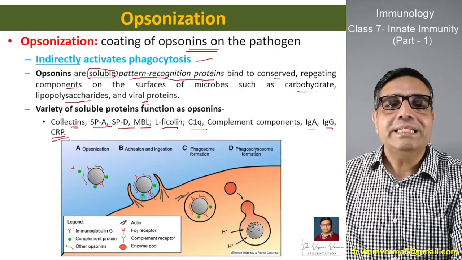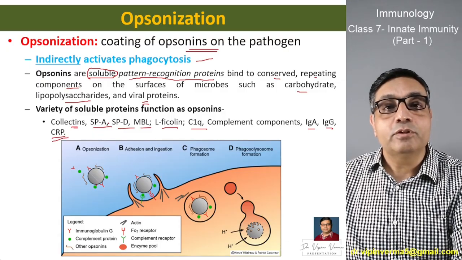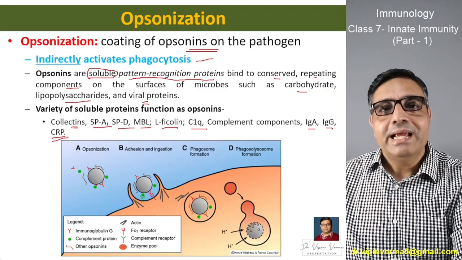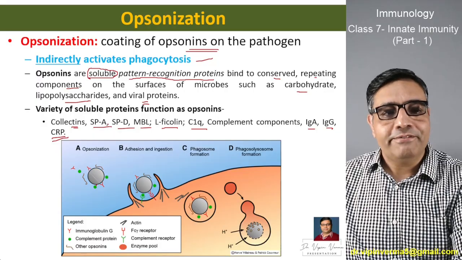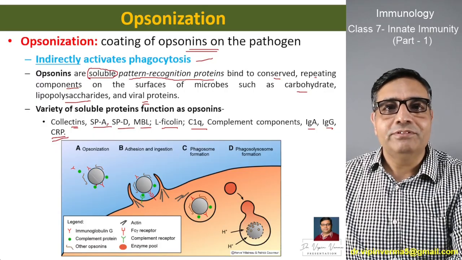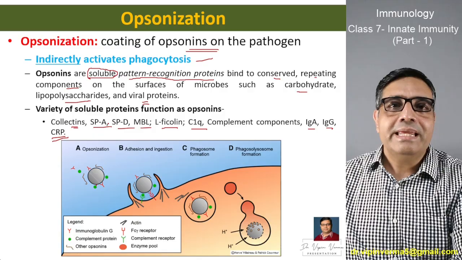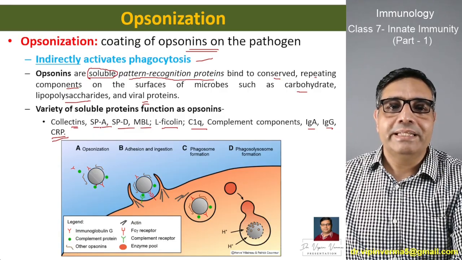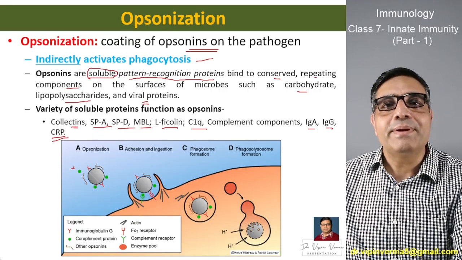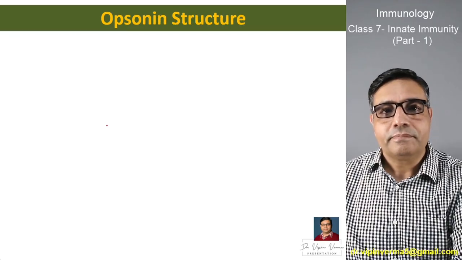So these are some examples of the opsonins, and some of these you must remember that we have just seen in the chemical barriers. They were in the list of the chemical barriers.